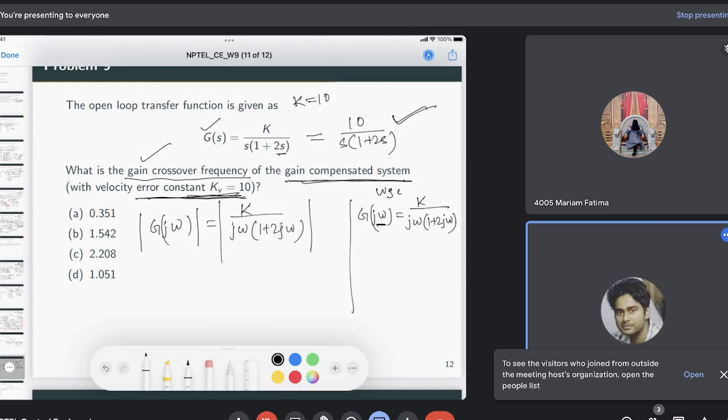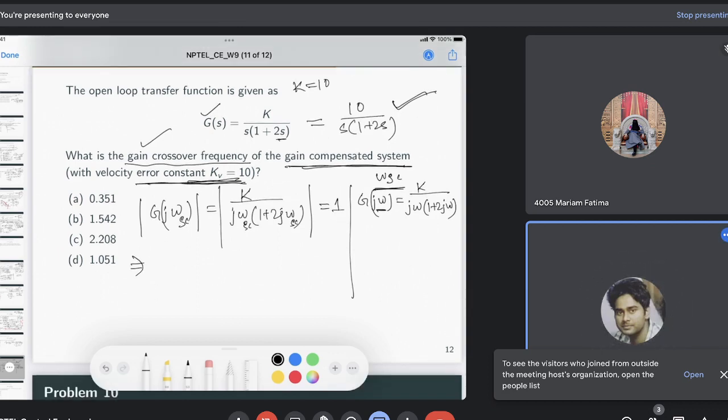Okay, so we want to find the frequency at which this gain is equal to 1, and we have denoted it by omega gc. That means at omega gc, the gain crossover frequency, this magnitude should be equal to 1. So we simplify this expression. We already have the k value, k equal to 10. So we have the magnitude 10 by omega gc times the square root of 1 plus 4 omega gc square.